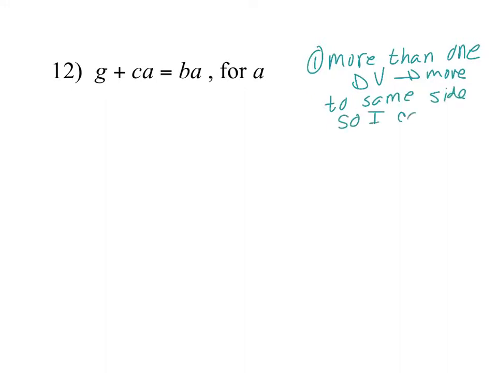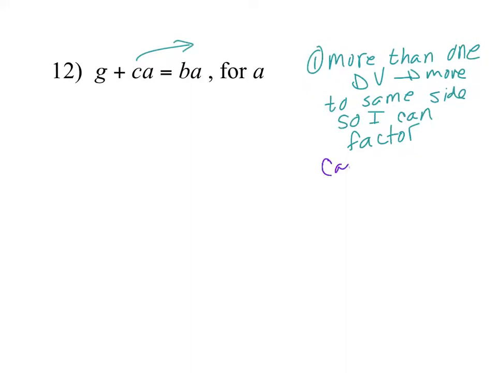So I can factor. So I am going to take that CA and I'm going to move it over to that side because it makes more sense to me than moving the BA over there and then the G back over there, even though it doesn't matter. I feel like it makes sense to just move the CA over.